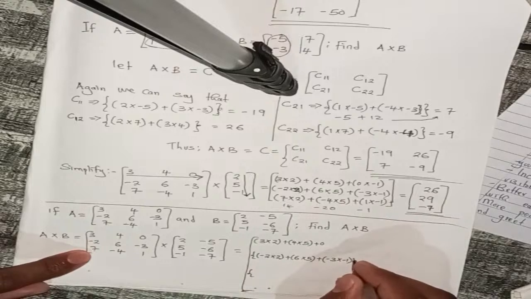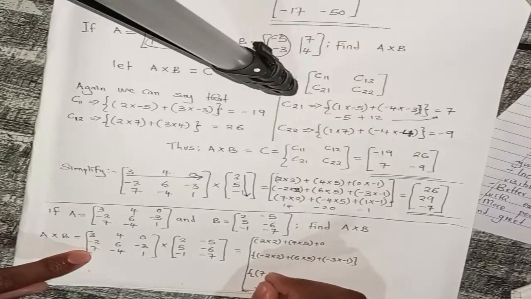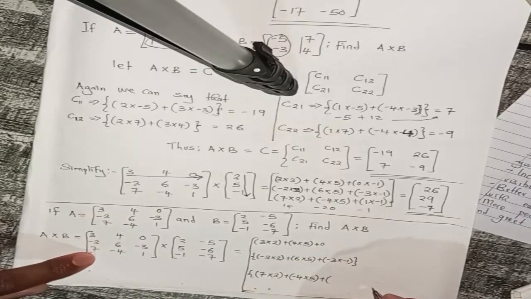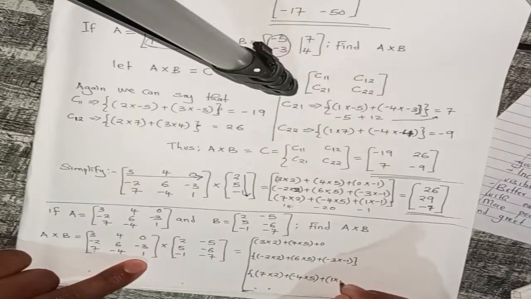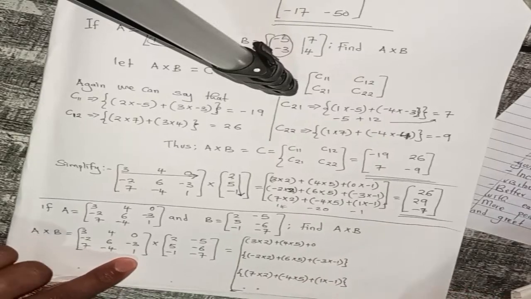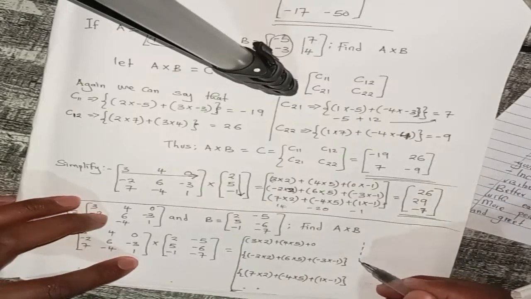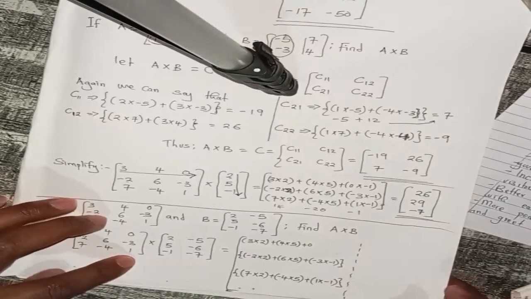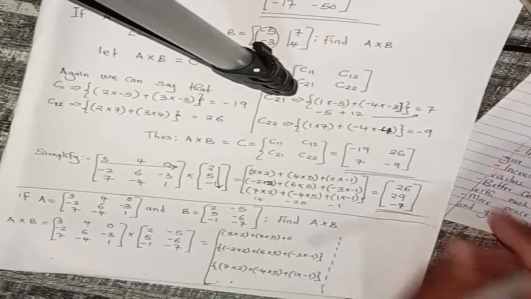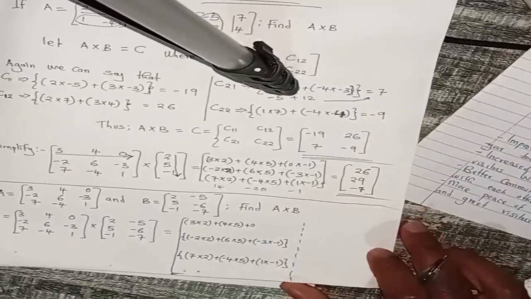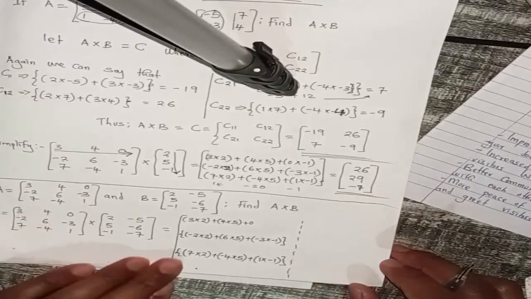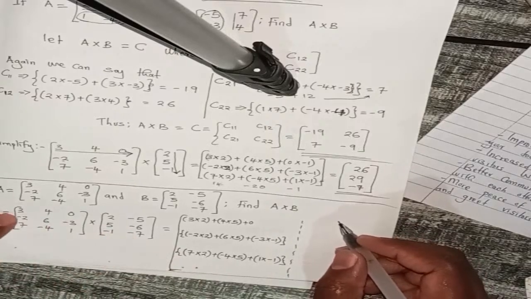Then we have 7 multiplied by 2 plus -4 multiplied by 5 plus 1 multiplied by -1. So if we draw a line here to demarcate that point, then we come to this other side, the elements.